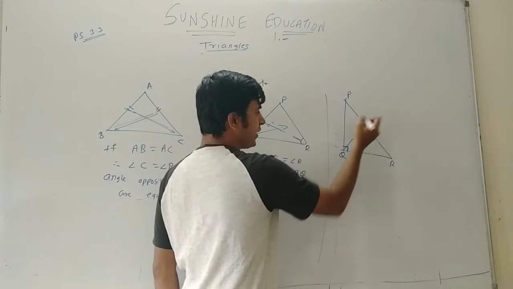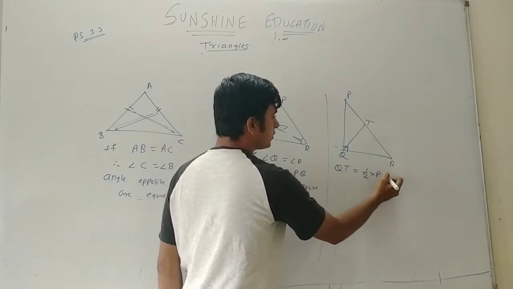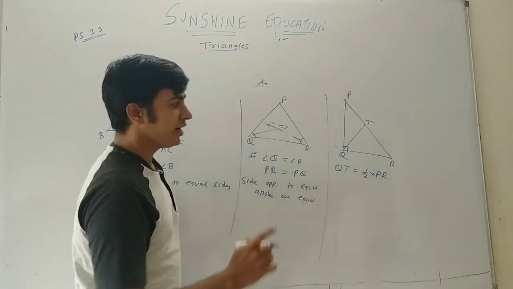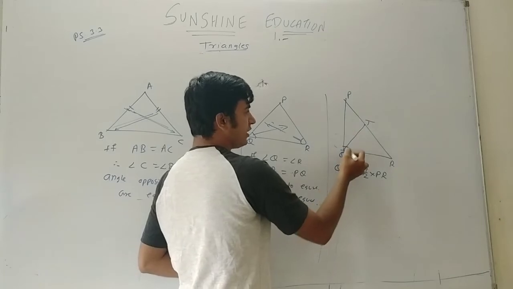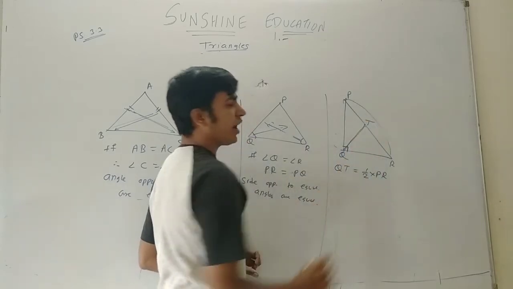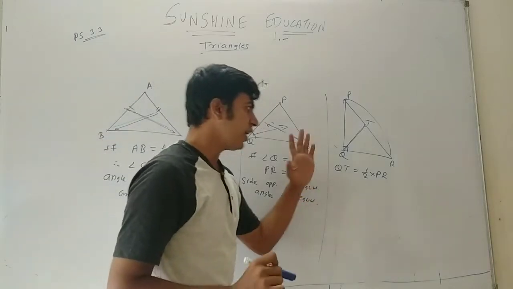If QT is the median, then measure QT will be half of the hypotenuse PR. In a right angle triangle, the length of the median is half of the hypotenuse.